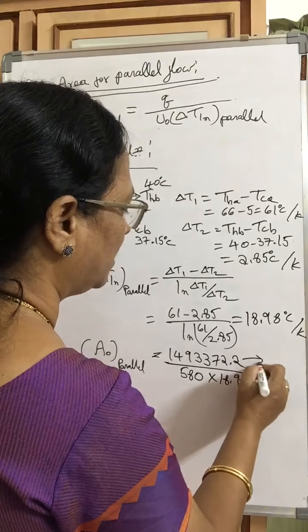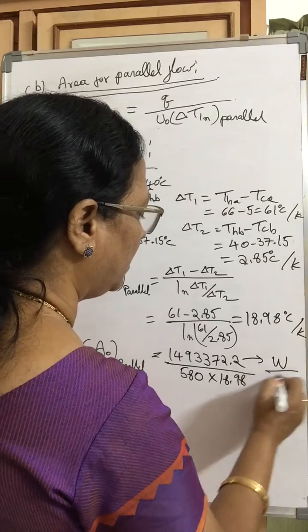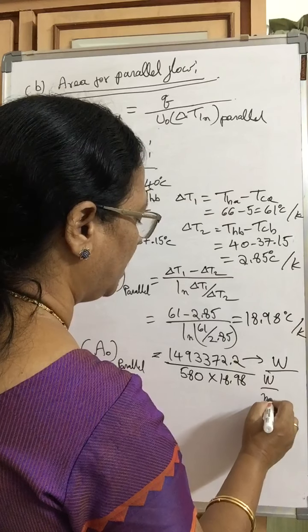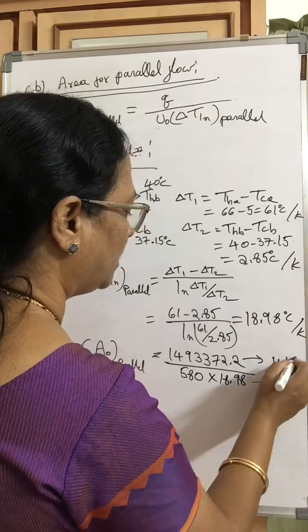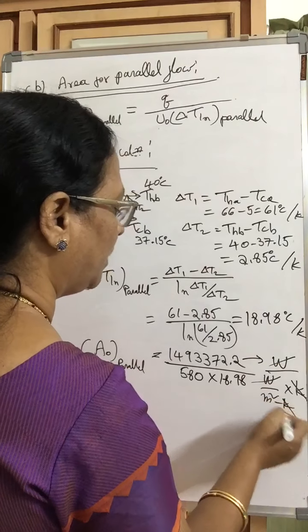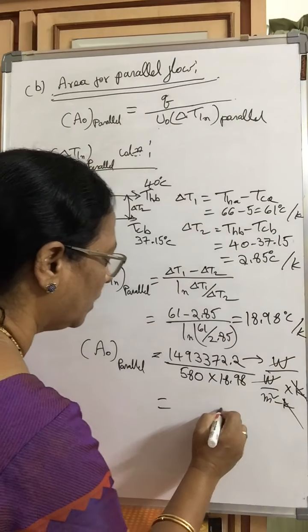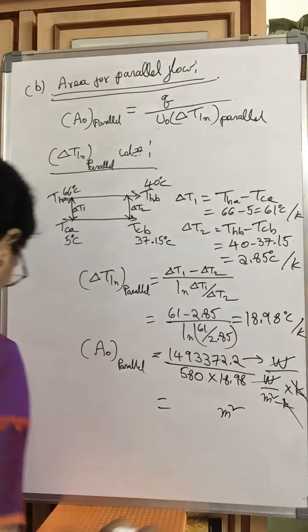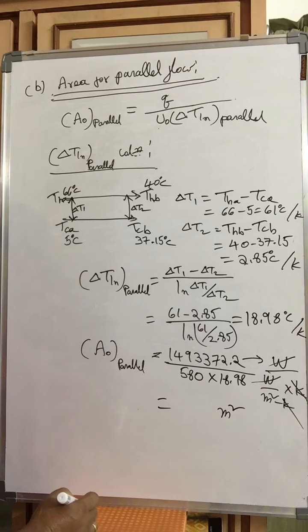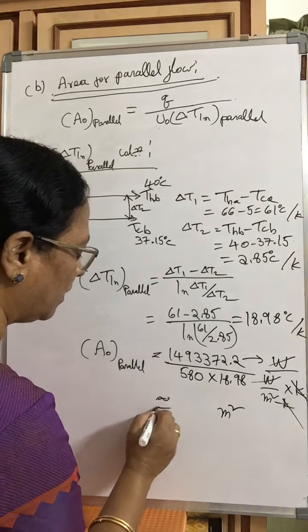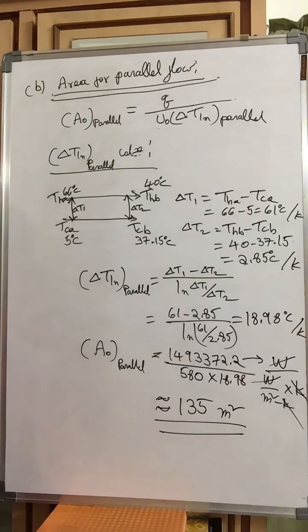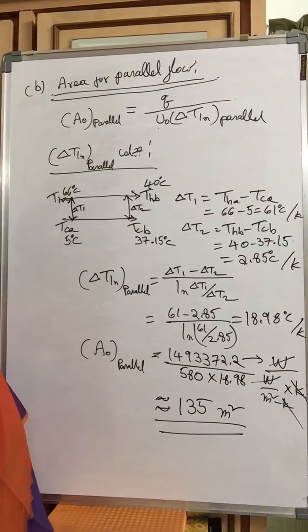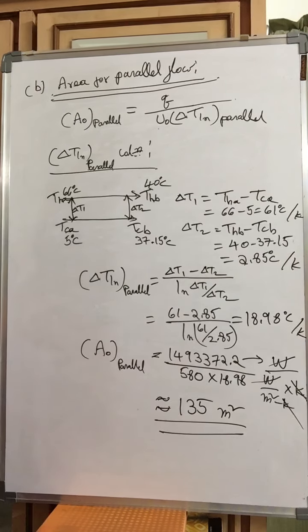So this is in watts, and here this is watts per meter square Kelvin. This is Kelvin. So watts gets cancelled. Here meter square goes up. So here you will get in meter square. That is 135 nearly, 135 meter square. That is area of heat exchanger in case of parallel flow.